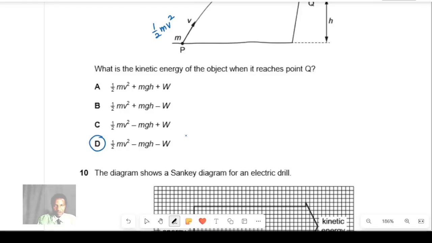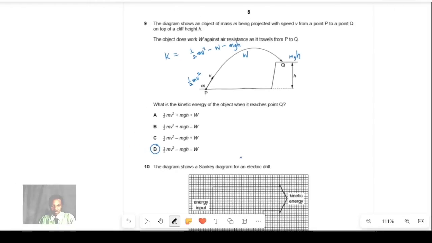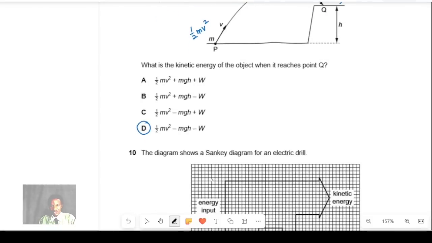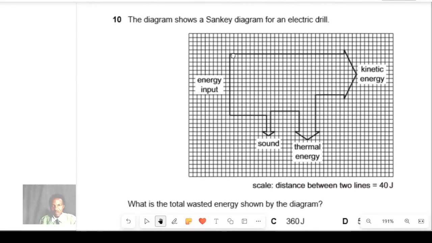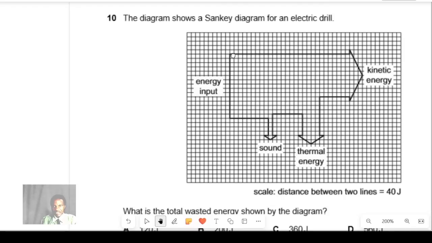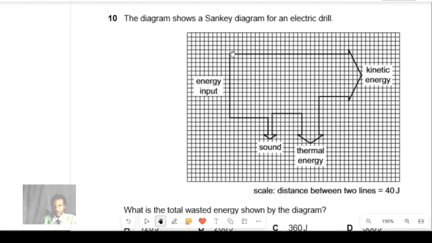So we go to question number 10. Okay, the Sankey diagram for an electric drill.